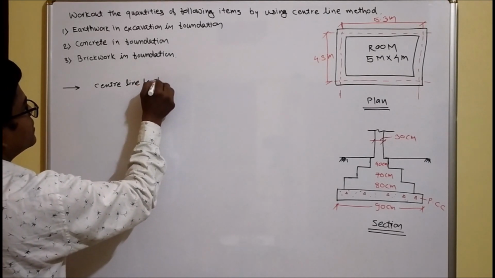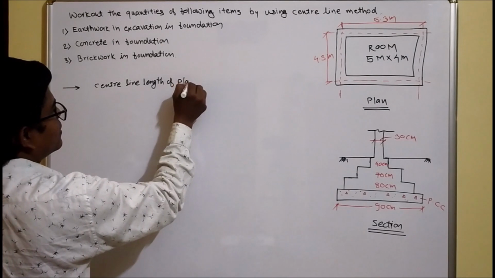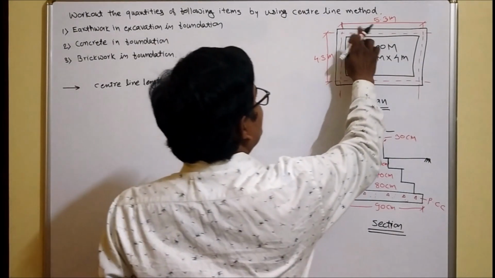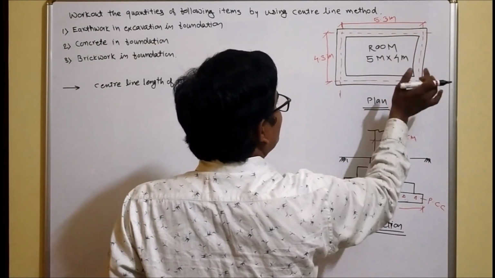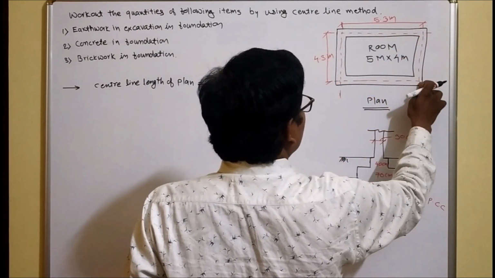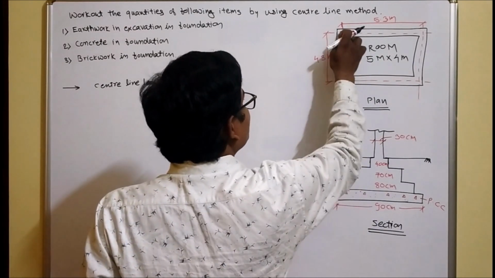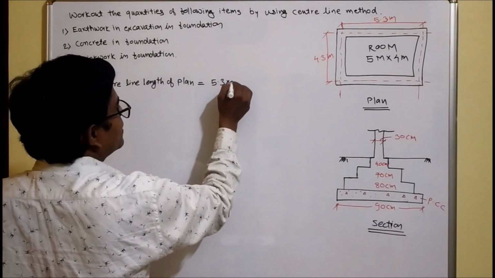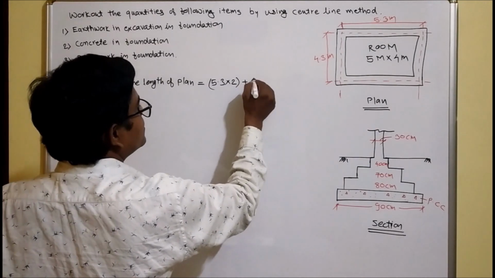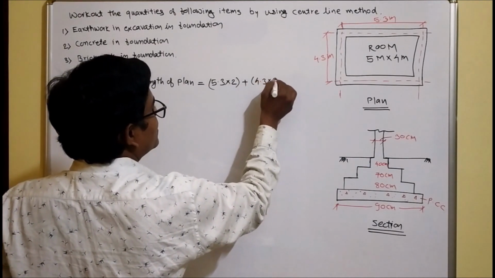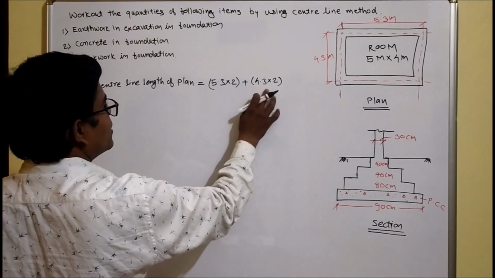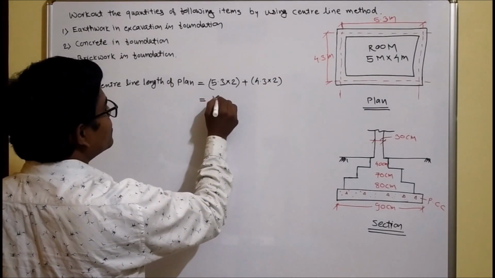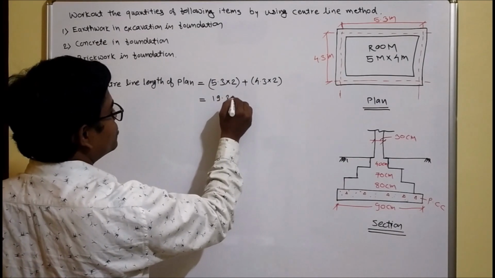Center line length of plan is equal to, so this is 5.3 meter plus 4.3 meter plus 5.3 meter and plus 4.3 meter, means 5.3 twice plus 4.3 into 2, that is we will get the total center line of the plan, that is equal to, it will come to 19.2 meter.